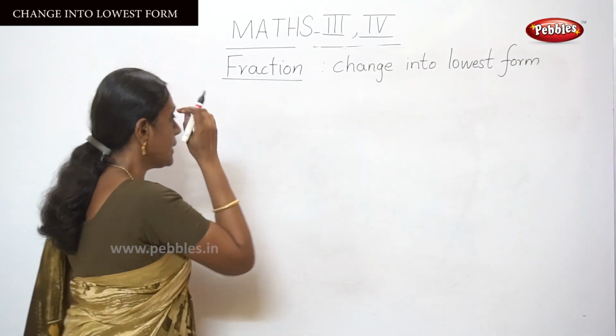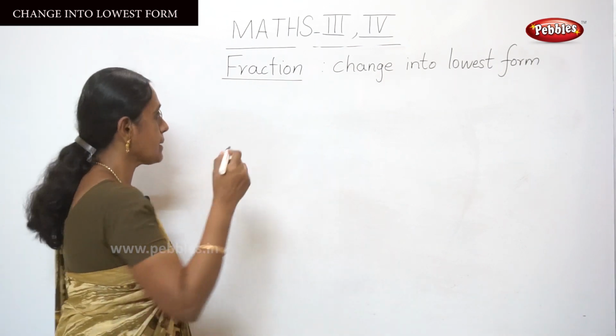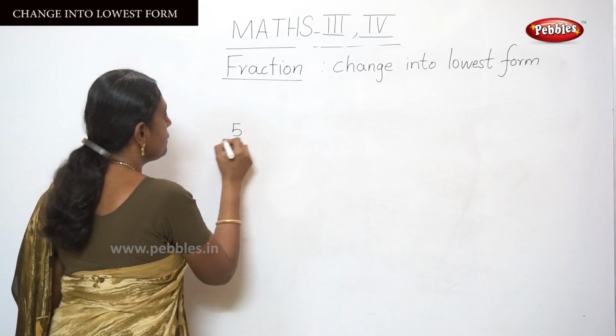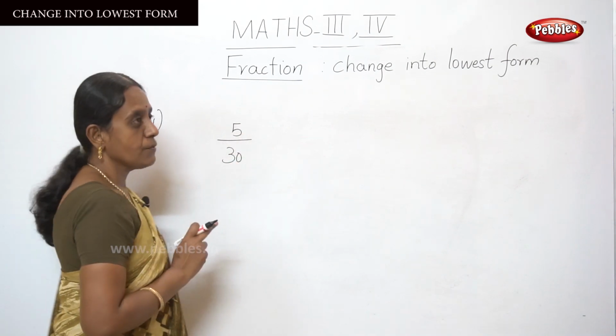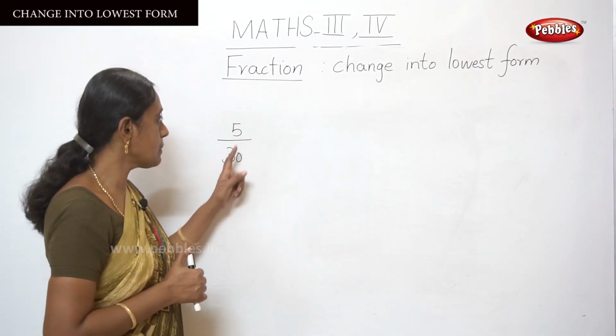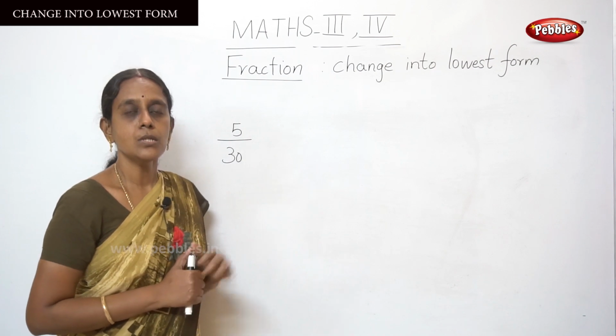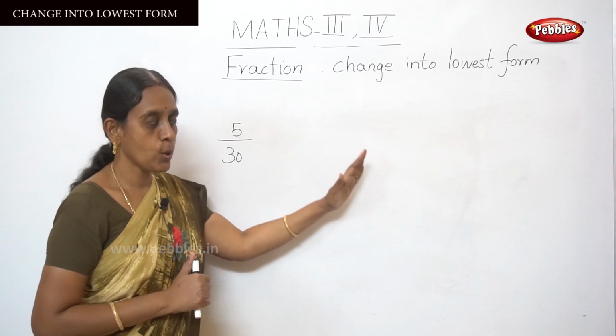Let me explain with an example sum: 5 by 30. This is a proper fraction, because the denominator is bigger than the numerator. How do we reduce this into the lowest form?